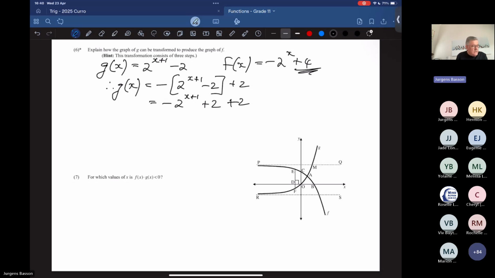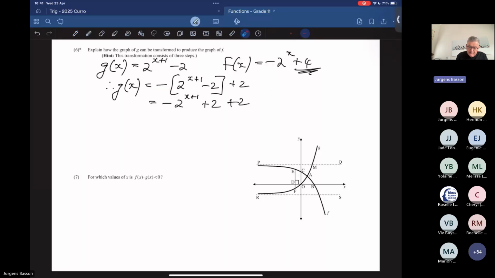Now, the big question is, I left out something here. This graph is something I left out, ladies and gentlemen. Let me just go back. First of all, I want that negative, so I reflect it.